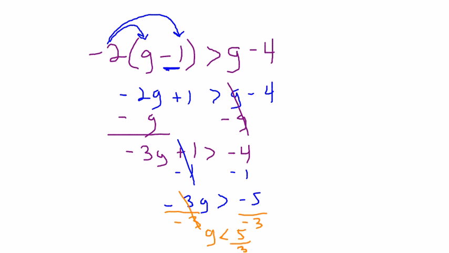You can either leave it as an improper fraction, or you might want to change it to a mixed number. If you were to change that, what would that be? G is less than 1 2/3.